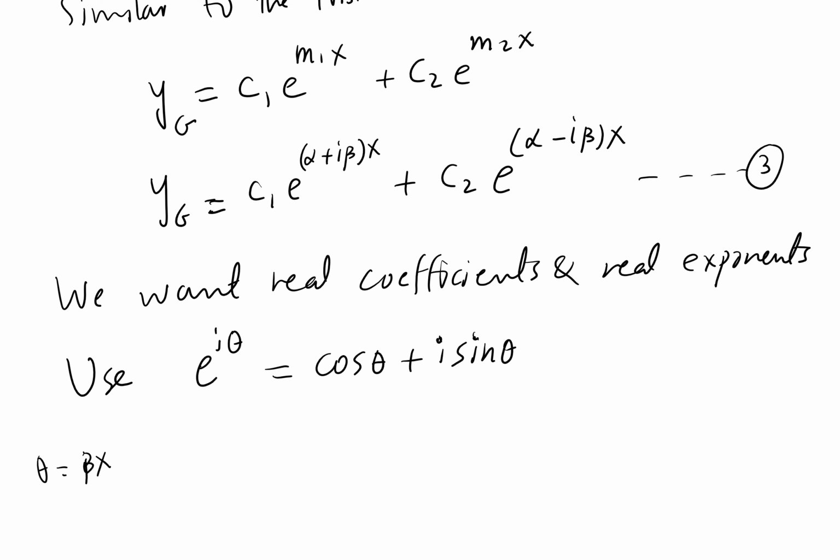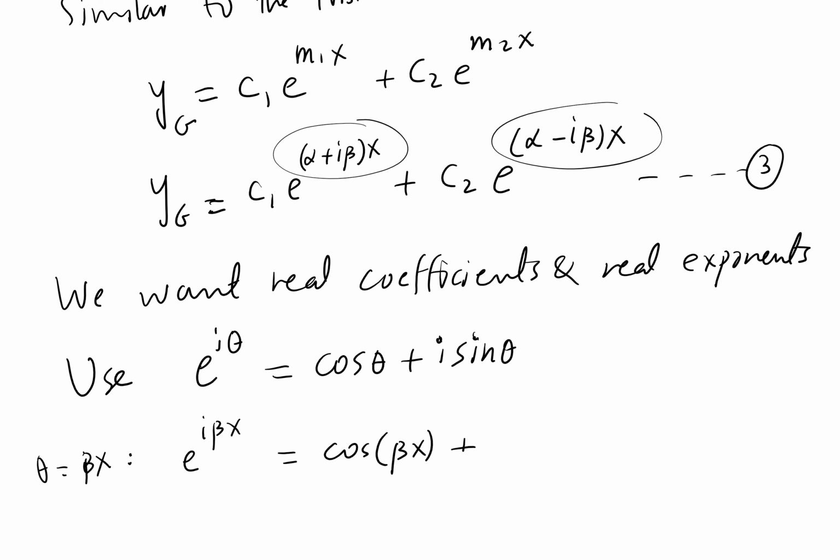Why is that? Because if you multiply this out, in the first one you're going to get alpha x plus i beta x. So I replace theta with beta x. That gives us e to the i beta x equals cosine beta x plus i sine beta x.